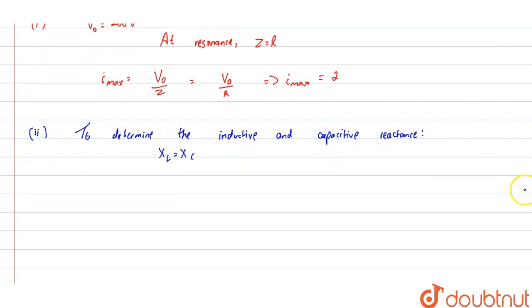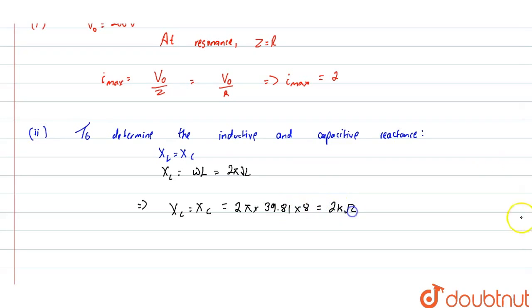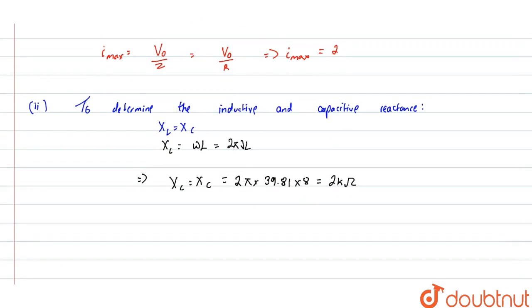Now substituting this, we get XL as omega L, which is equal to 2 pi frequency L. And then on putting the values here, we get XL equals XC, which is equal to 2 pi times 39.81 times 8, which we find out to be 2 kilo ohms. Now this is the inductive and capacitive reactance at resonance.